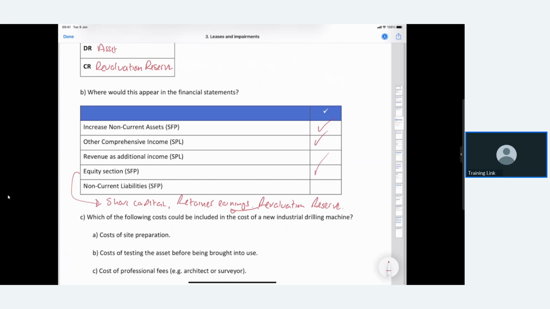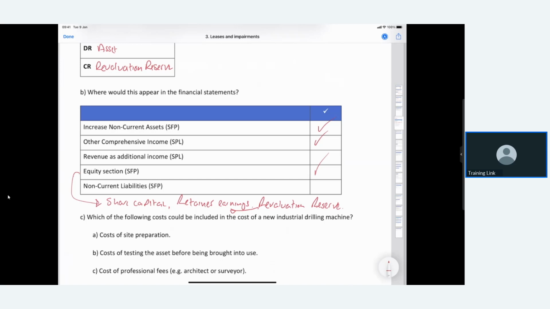So if you imagine it's land that we've revalued and it's gone up in value, because we haven't actually sold that land, we cannot class it as what they determine as realised income. Okay, because until we have sold that non-current asset, we haven't actually made that money on it, have we? So that's why we have the separate account for it known as your revaluation reserve.